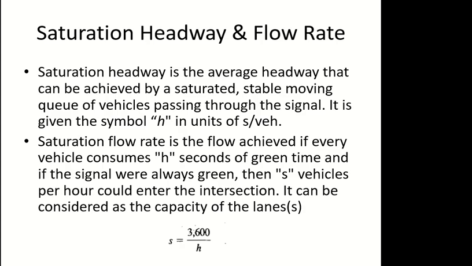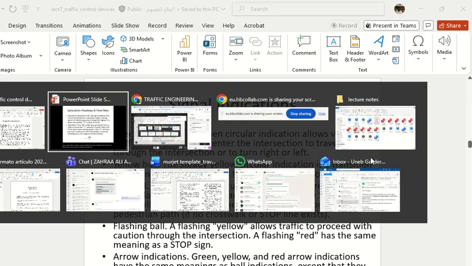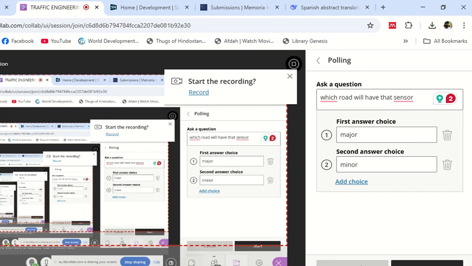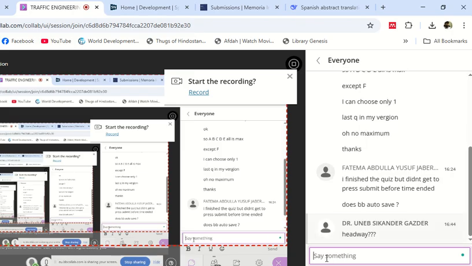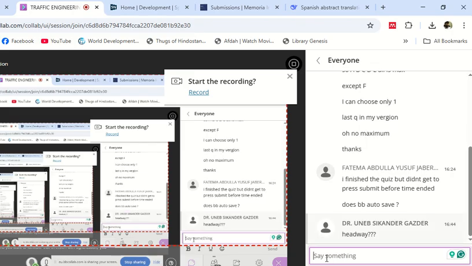First of all, what is the meaning of headway? We have talked about headway in chapter 1. What is the meaning of headway?